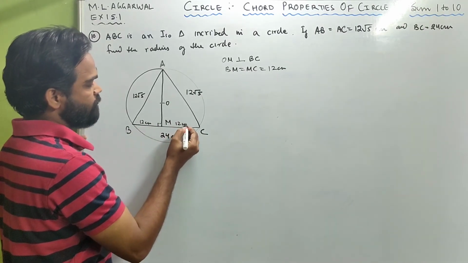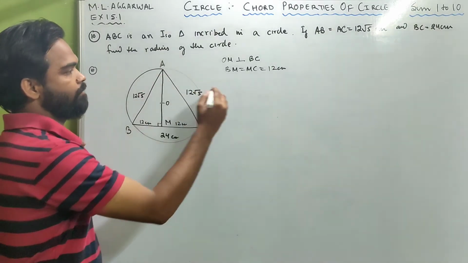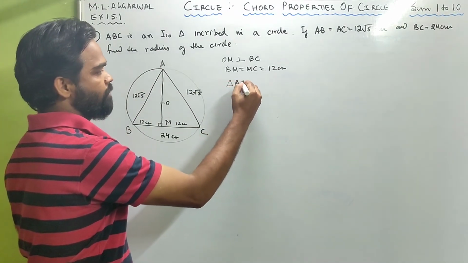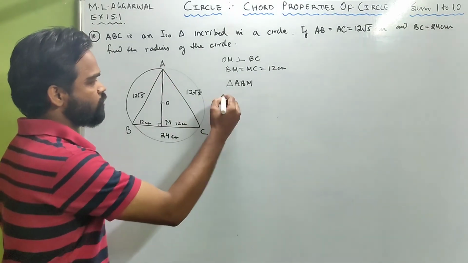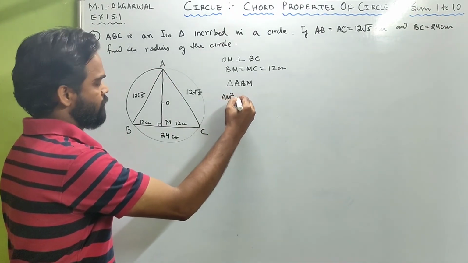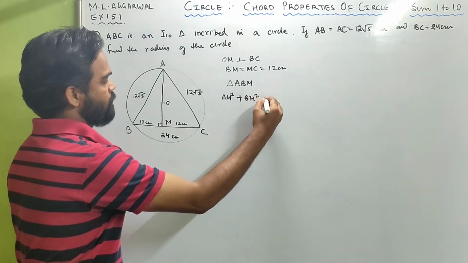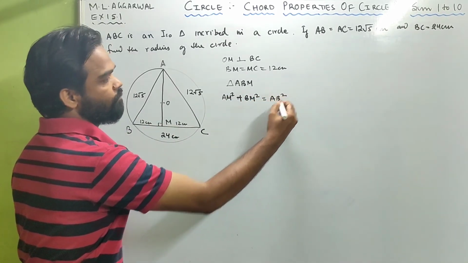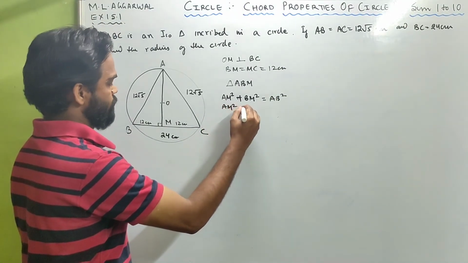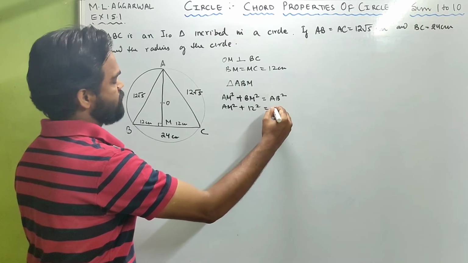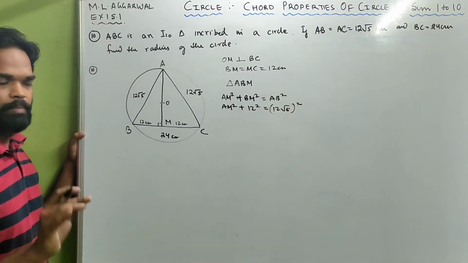So this is 12 centimeter, this is 12 centimeter. Now look at triangle ABM. In this triangle, if you look carefully, AM square plus BM square is equal to AB square, isn't it? So AM we don't know, BM is 12 square, and this is 12 root 5 whole square. Am I correct?